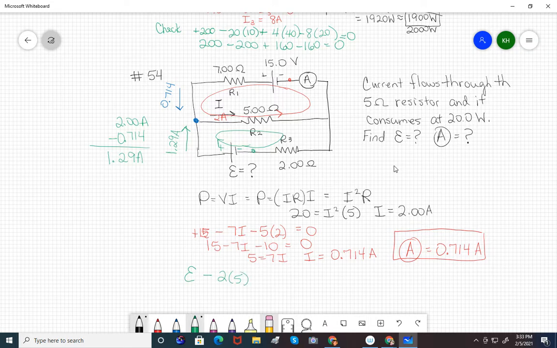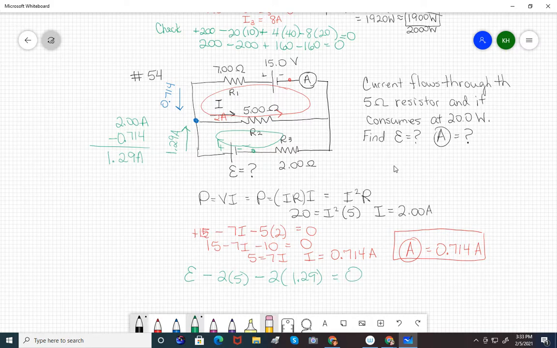When I go through the 2 ohm resistor, minus 2 times 1.29, because this branch down here has to be 1.29. That has to equal 0.